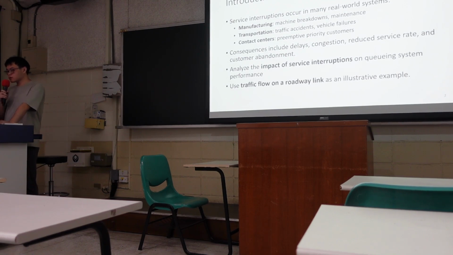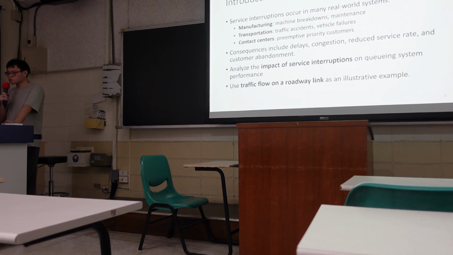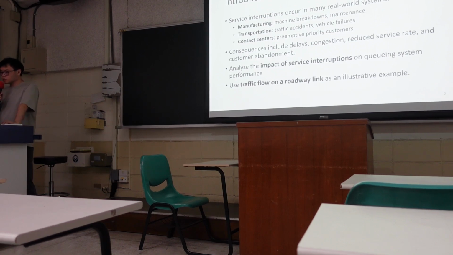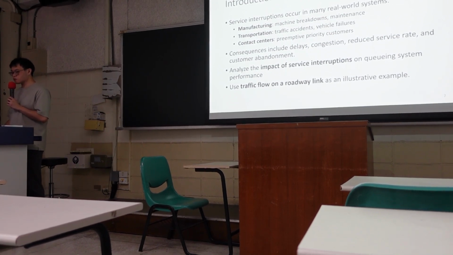A service interruption is a common issue in many real-world systems. Like in manufacturing, interruption can come from machine breakdowns or scheduled maintenance. And in transportation, they might be caused by traffic accidents or vehicle breakdowns.